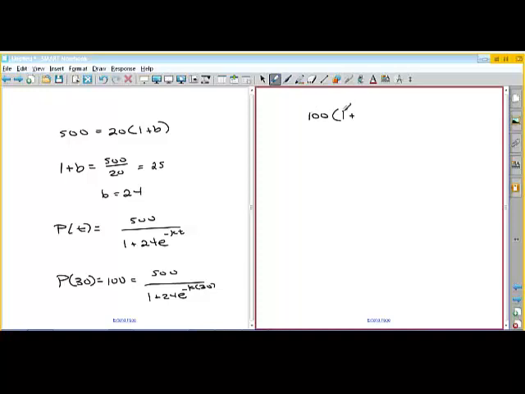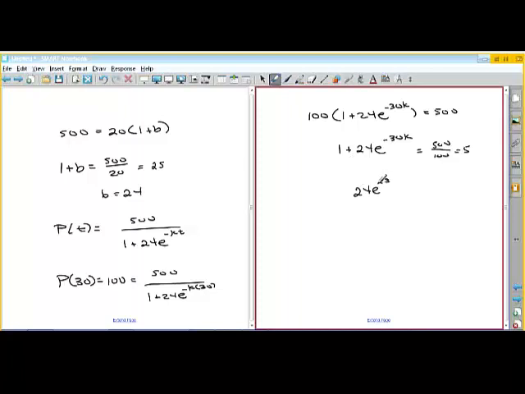Well, we're going to multiply both sides by 1 plus 24 e to the minus 30k, and that equals the carrying capacity. So this times that equals that. Then you divide both sides by 100 to get rid of that 100, so you end up with 500 divided by 100, which is 5.